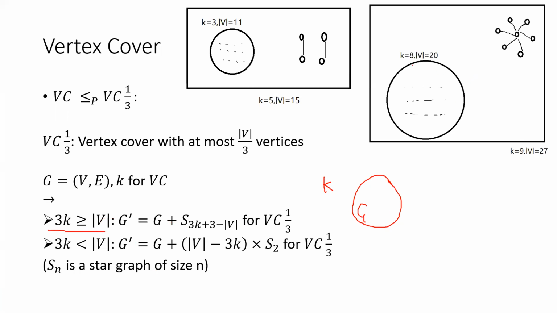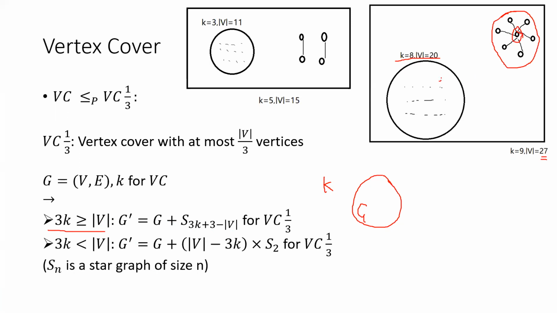So let's see an example here. K is equal to 8 and V is equal to 20. If we add such a graph, this is the star graph of 7 vertices, and then we will have 27 vertices, 20 plus 7. For this graph, we need at least one node here in the vertex cover set.